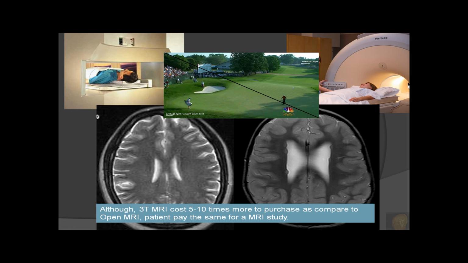Sometimes it makes a big difference when you want to study the structure in detail, especially for orbital imaging, where all the structures are pretty small, so the demand for high resolution imaging is pretty high. Also, the 3 Tesla MRI costs about 5 to 10 times more to buy compared to an open MRI, but patient and insurance pay the same for the same MRI anyway, so there's no reason not to ask for the better quality machine.